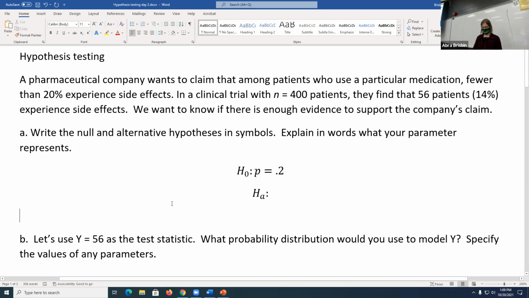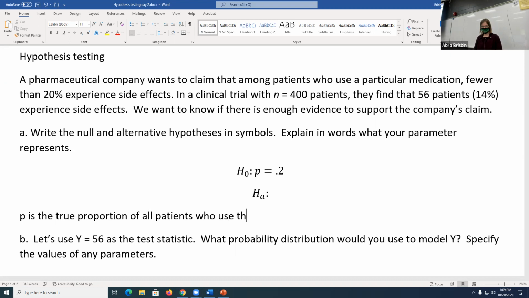So P is the true proportion of all patients who use this medication who experience side effects.